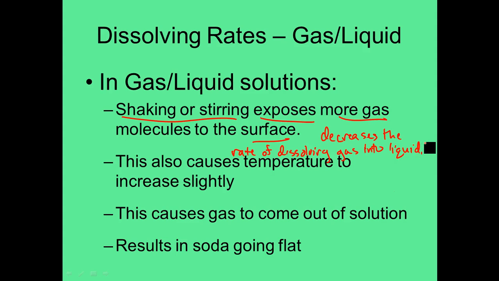You may ask why on this. Well, it's kind of like saying when we had solid in liquid, we were wanting the solid to be interacting with the liquid more often. And if it did that, then it would dissolve faster.